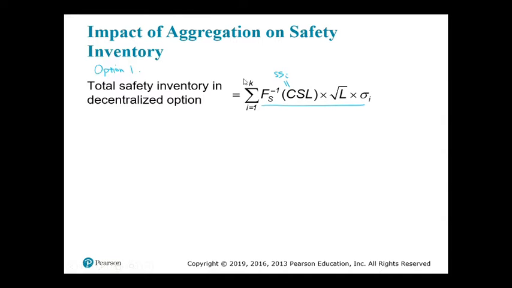And assume that there are a total of K regions, then the total safety inventory for me to hold in this entire area is going to be the sum of these SSIs.